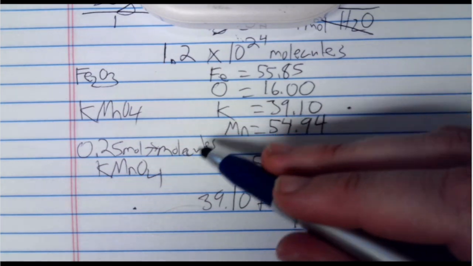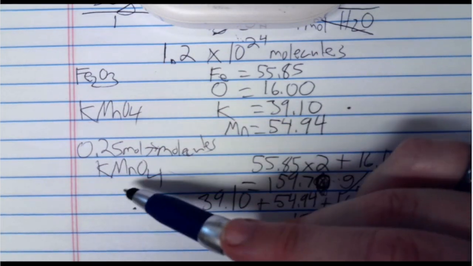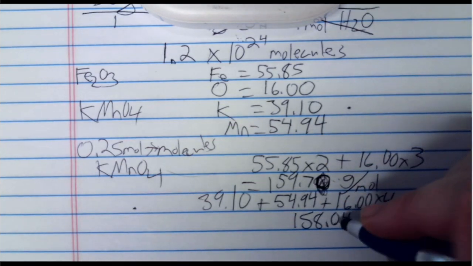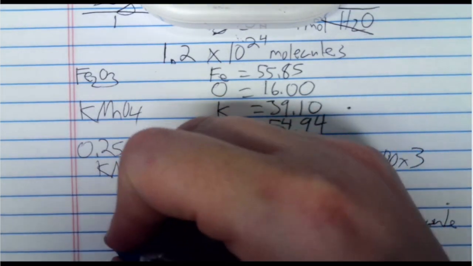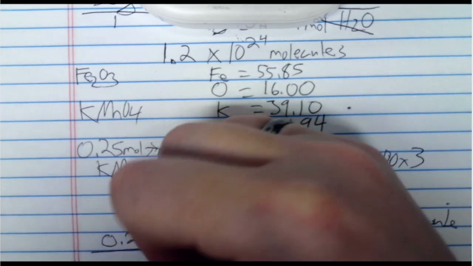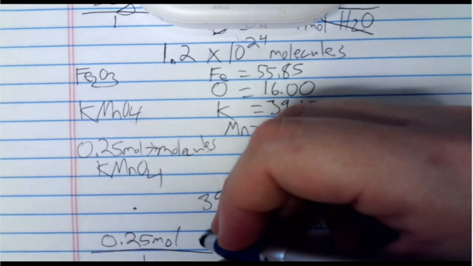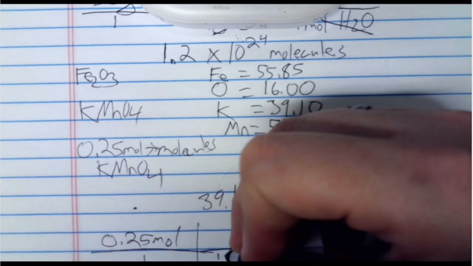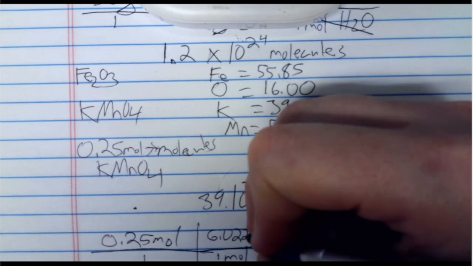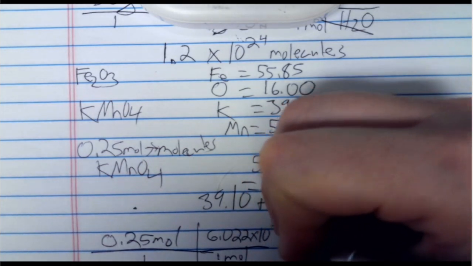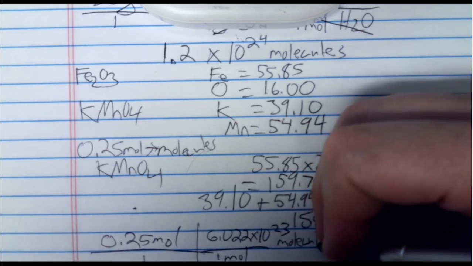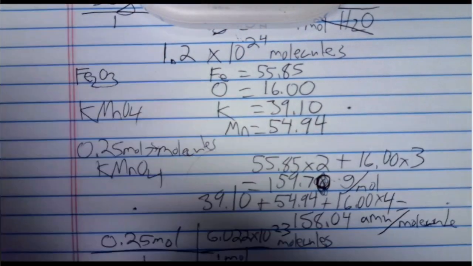Now, the last thing, turning a quarter of a mole of this into molecules. We do not actually need this molar mass. To turn moles into molecules, all we need is Avogadro's number, because Avogadro's number is the same regardless of what moles we have. So we're just multiplying this number by Avogadro's number.